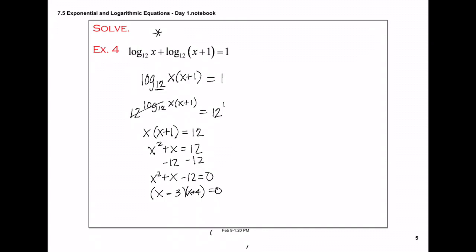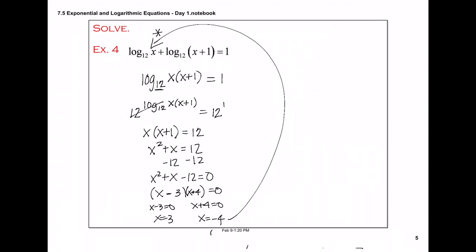If I set each of these equal to 0, x minus 3 equals 0, I get x is equal to positive 3. X plus 4 equals 0, I get x is equal to negative 4. And then we need to check and make sure. You can never have a negative log. So if you look up here at log base 12 of x, if I were to plug this negative 4 in, that would give us a negative log, and that would not make sense. So our only solution to this is x is equal to 3.